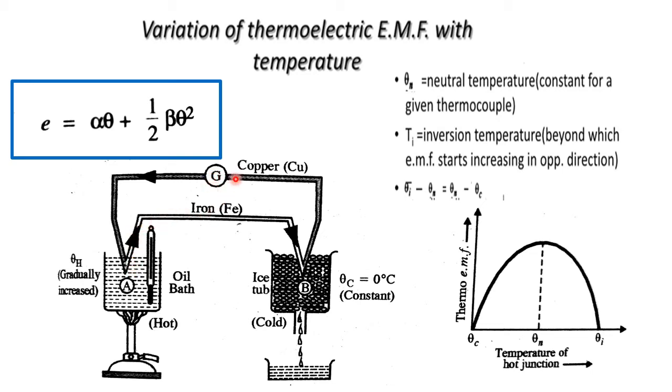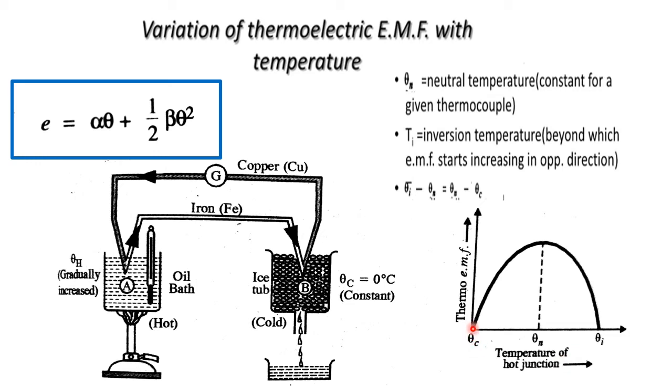Naturally the galvanometer will show you the deflection, which means the current is increased, or the thermo EMF will go on increasing with increasing temperature. See here, there is a plot of thermo EMF with the temperature of the hot junction.